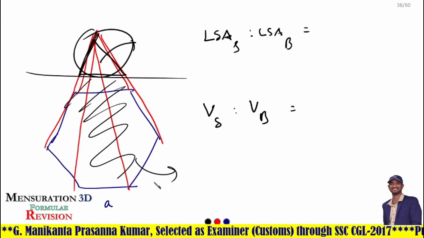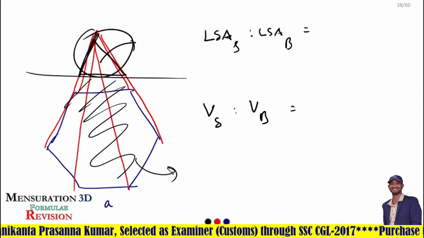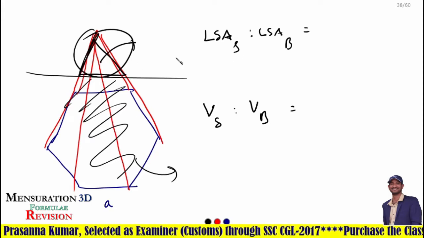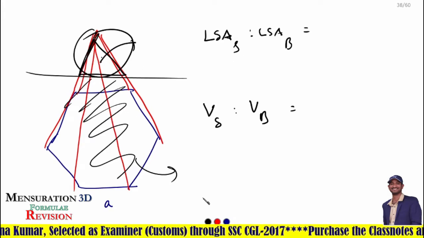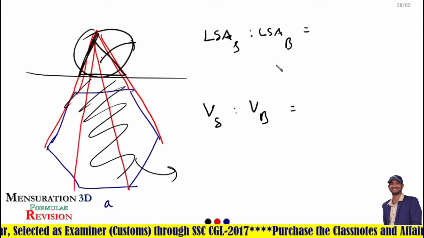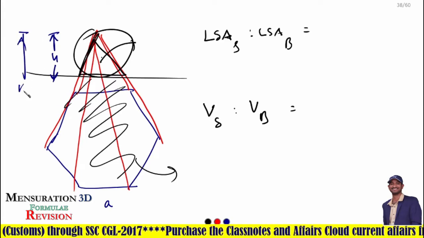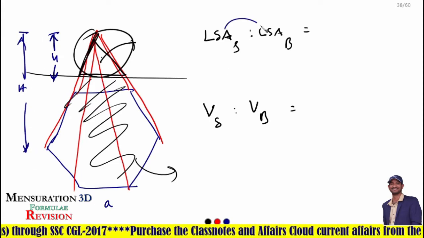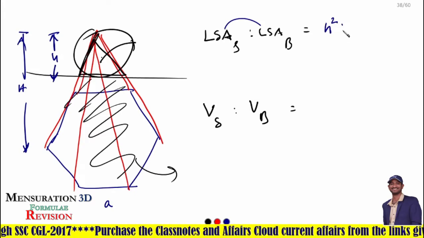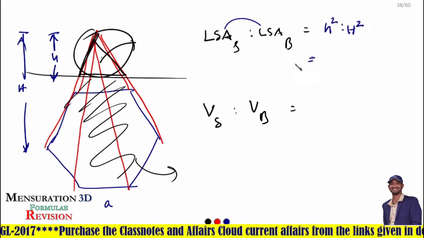I'll tell you the formulas of the frustum in the next slide. But here I am talking about the lateral surface area of the smaller and bigger pyramids. If the smaller pyramid height is h and the bigger pyramid height is capital H, then the ratio of lateral surface areas is h square by capital H square.